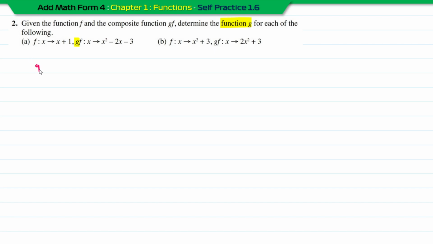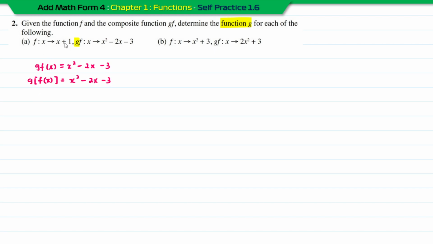The composite function gf is x squared minus 2x minus 3. This composite function is formed when you insert the function f into the function g. So what is the function f here?